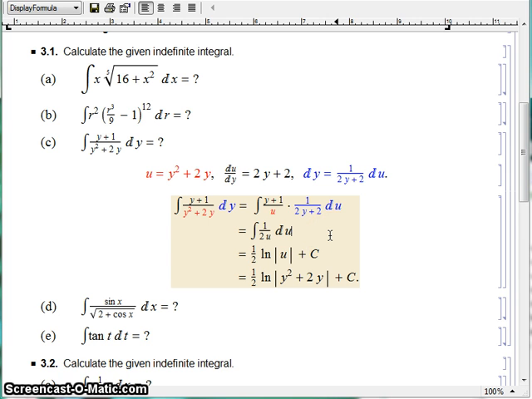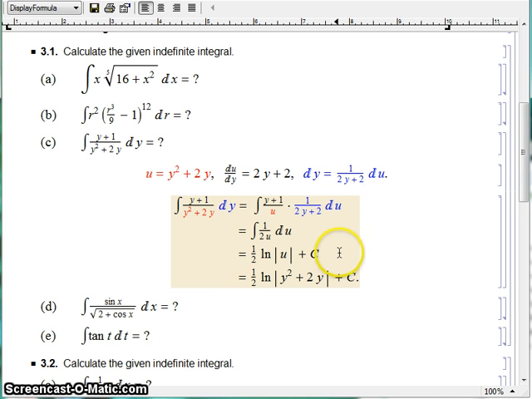Basically. But the negative first power cannot be done by the power rule, because if you add 1 to that negative 1 power, you get 0, and you cannot take 0 as a denominator. So you'll see that this is a logarithmic function, and this becomes 1/2 log of u. In order to make the logarithmic function always valid, we take the absolute value here to make the inside of the logarithm always positive.